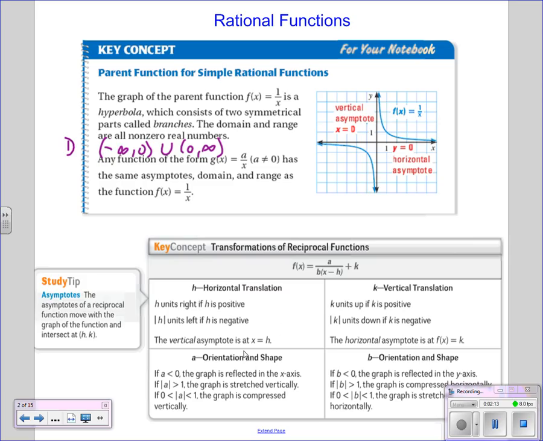A will determine if it stretches vertically or compresses or shrinks vertically. B will determine if it compresses or stretches horizontally. So make some quick little notes about this basic format because you might see it again.